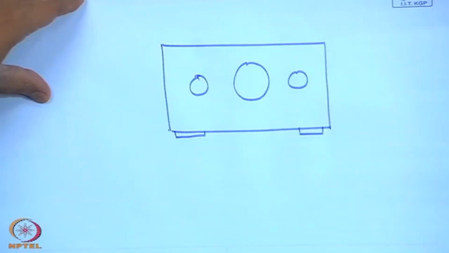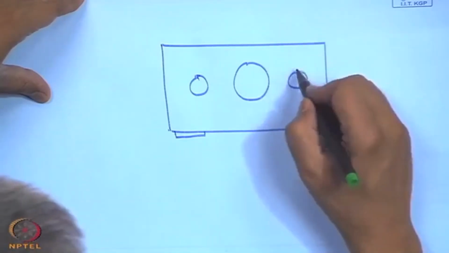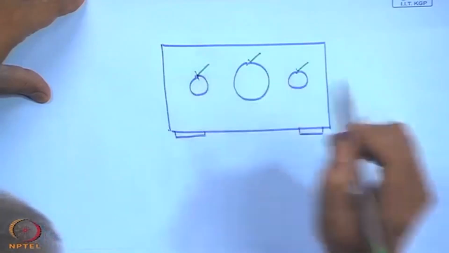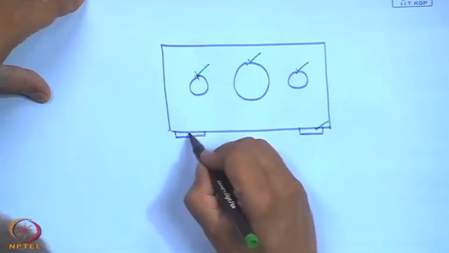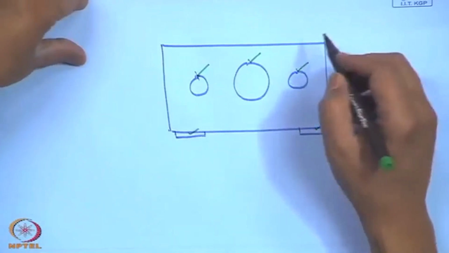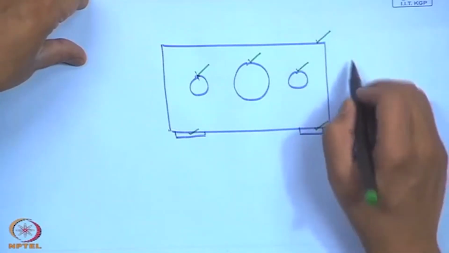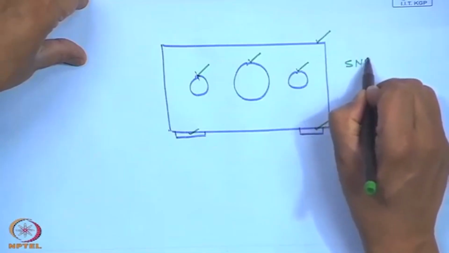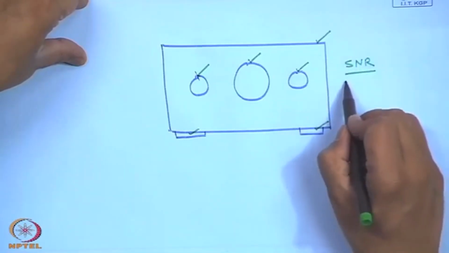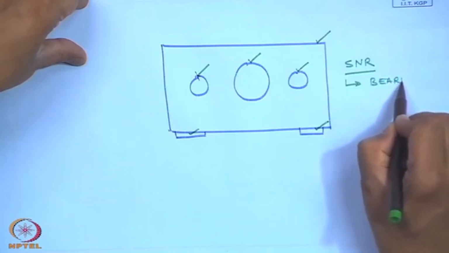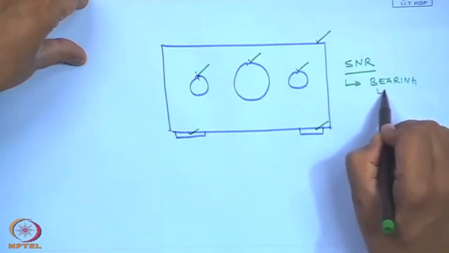Usually, the good locations to put the transducers are at the bearing locations. Sometimes we put it on the base just to make sure, and just for reference we can put it in one casing. Of course, the highest signal to noise ratio will be obtained at the bearing location.